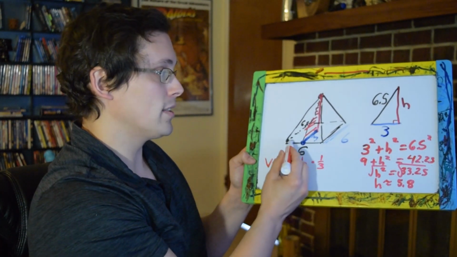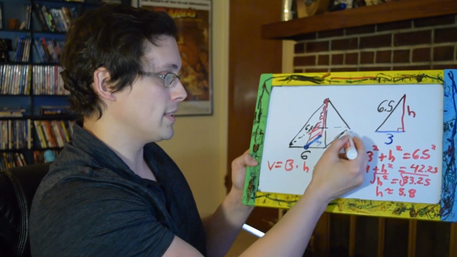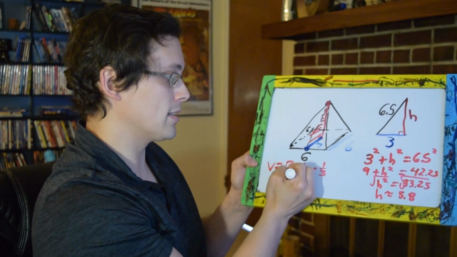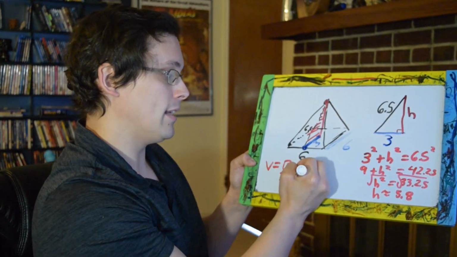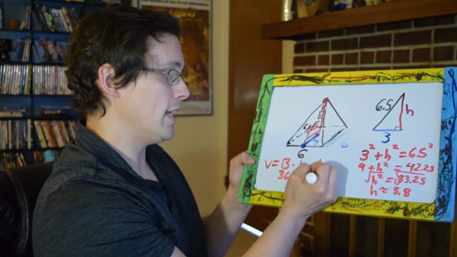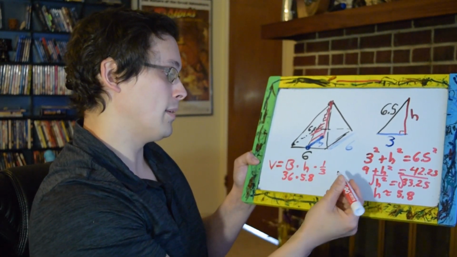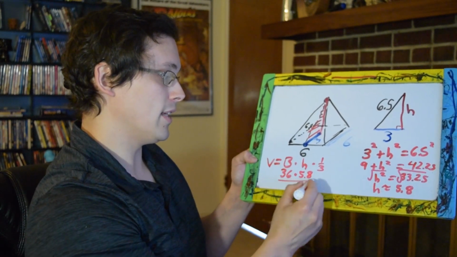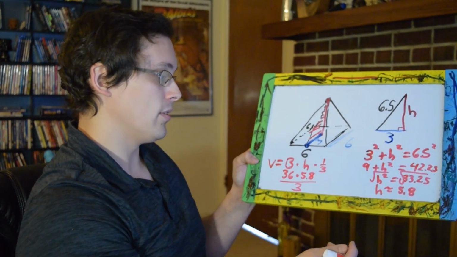The base area is just the area of that square, which is 6 times 6, so that's 36. Now it's times the height, which we figured out is about 5.8, and then times 1/3, or divided by 3. Those are the same thing.